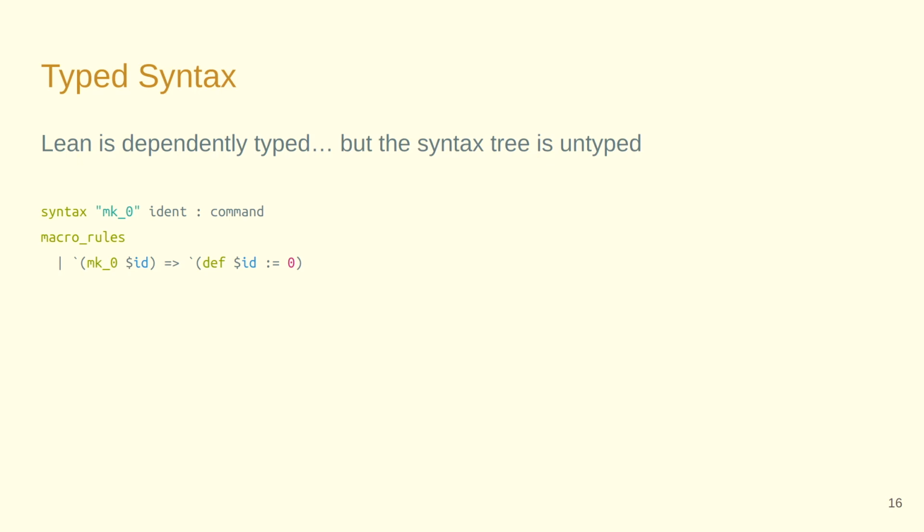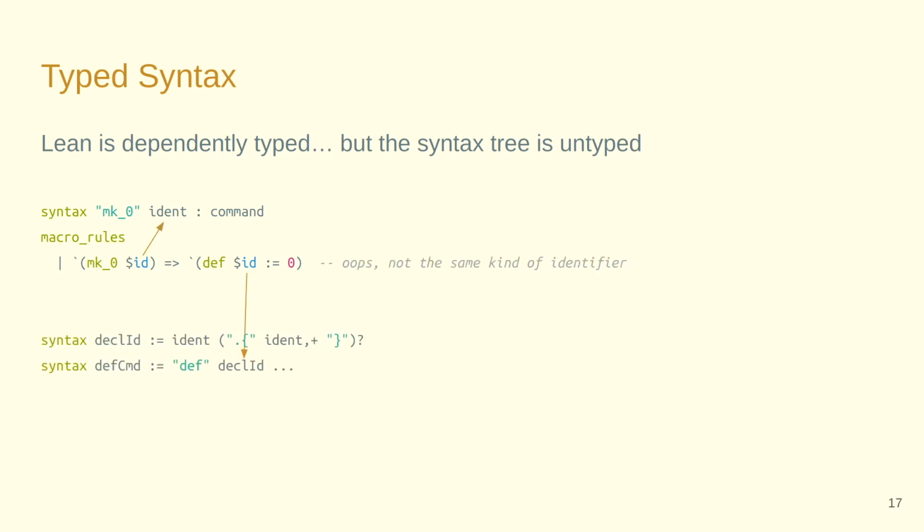To understand why, we basically have to look into the grammar of the def command and see that after the def keyword, there's actually something more complex than just a single identifier. There's another optional part, and even if that optional part is not present, we still have to generate a syntax node to hold both of these parts, and that's the syntax node for this declId. And it turns out if we just write an anti-quotation like here, we get the broadest meaning, which means that it wants to insert a declId here.